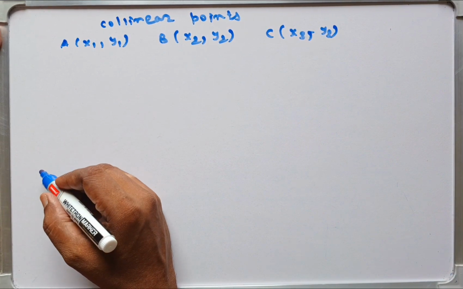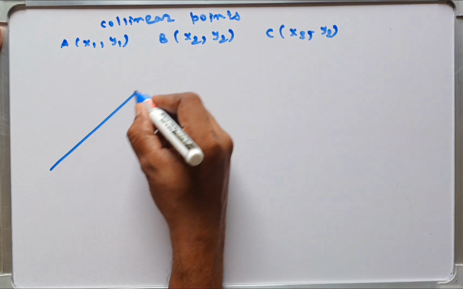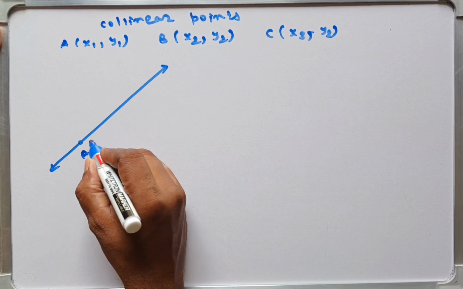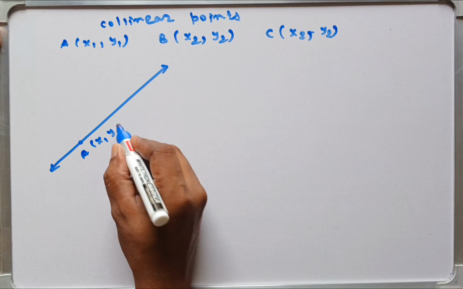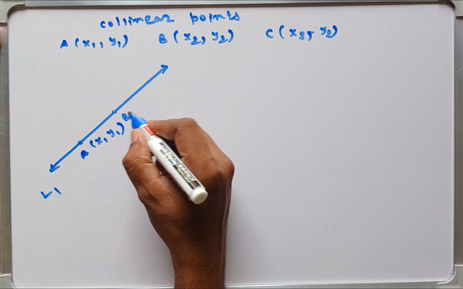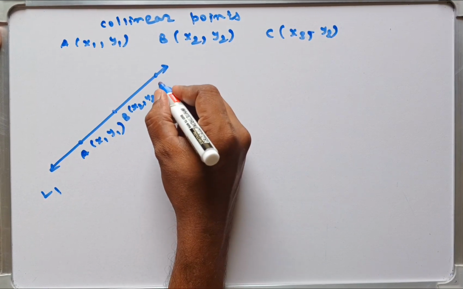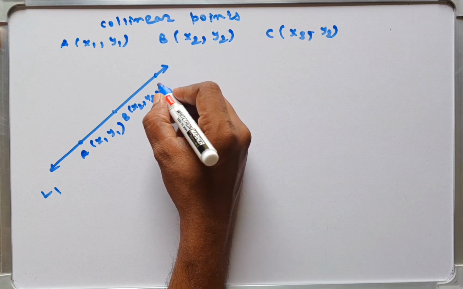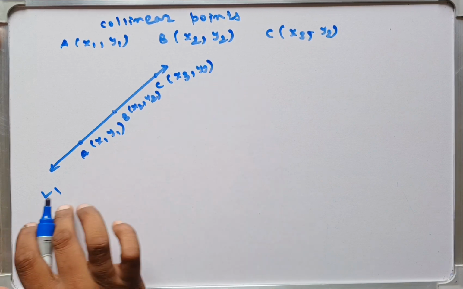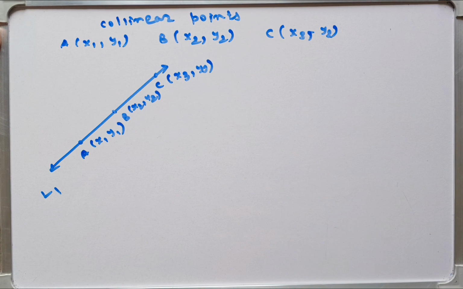When we say these points are collinear, then they must lie on the same straight line. So point A must lie on this line, say L1, and B has coordinates x2, y2, and C has coordinates x3, y3. So all the points must be lying on the same straight line.